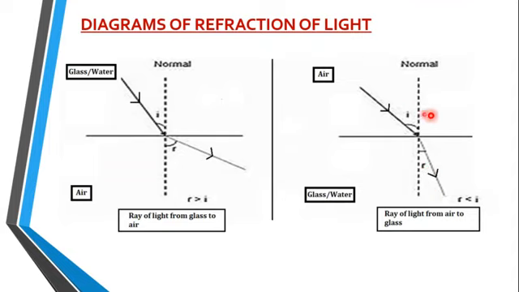So again, the angle of incidence of the light ray in air is bigger than the angle of refraction in the glass. Again, look at the refracted ray. It moves towards the normal. But in the other diagram, it moves away from the normal. Please take note of these differences.